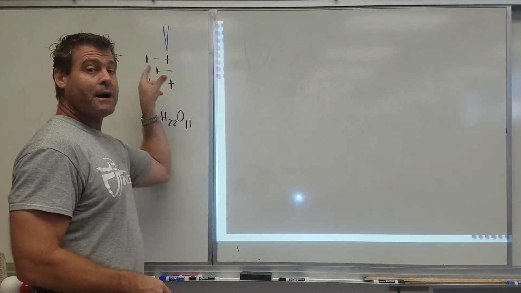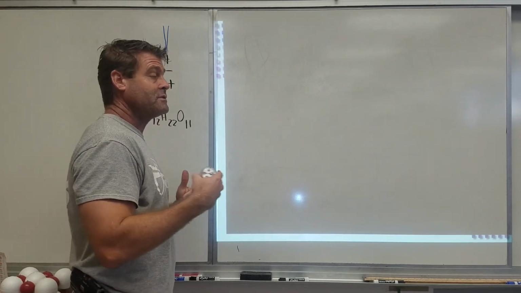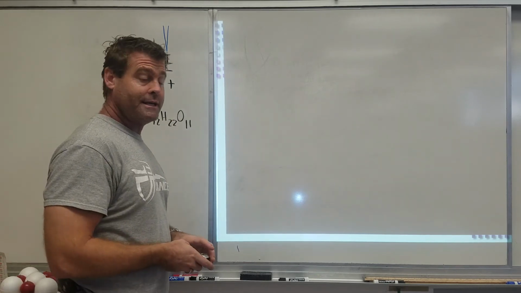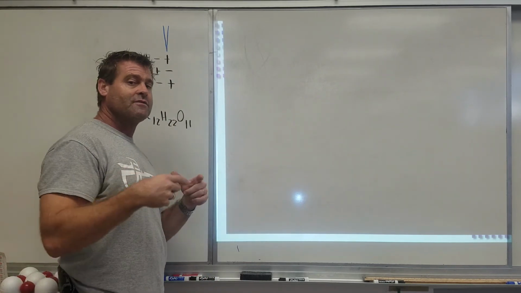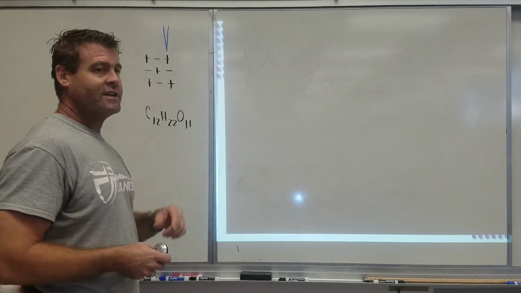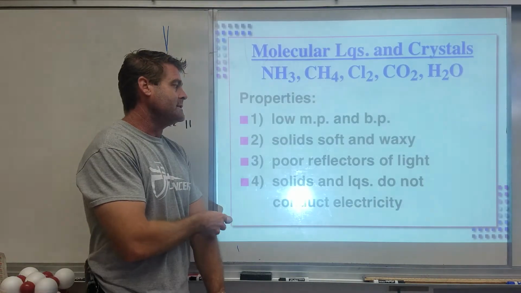Ions, positive and negative ions, because electrons are transferred from the metals to the non-metals, creating these ions. In a covalent compound, you remember what covalent means? The atoms are not transferring electrons between each other, they are sharing electrons. So you don't have these positive and negative ions, and thus you're not going to conduct electricity.